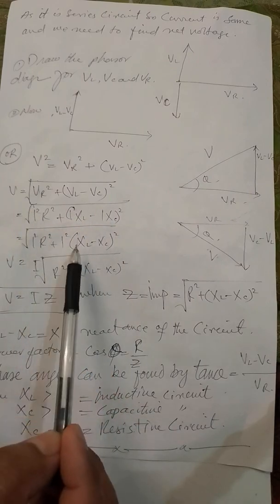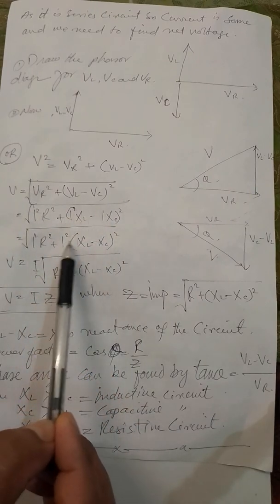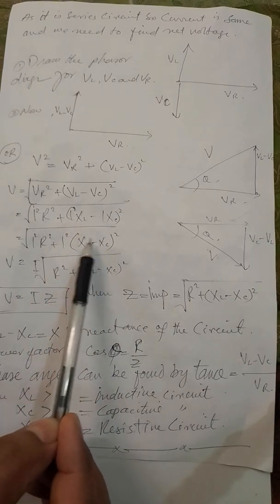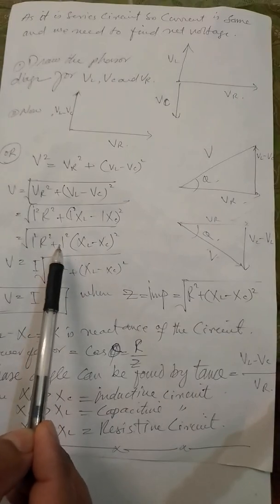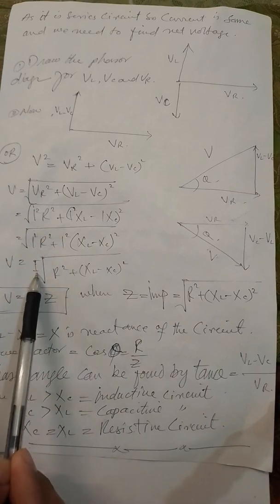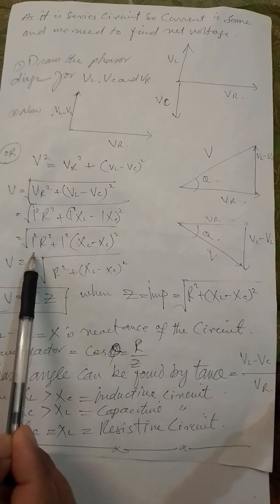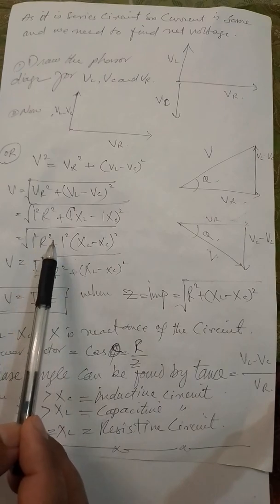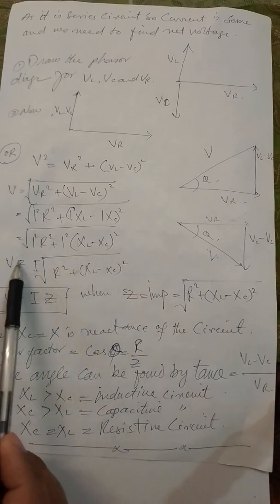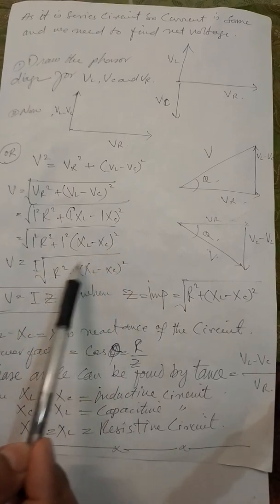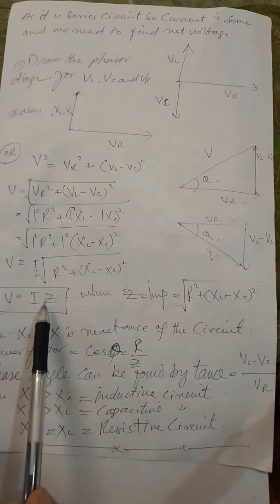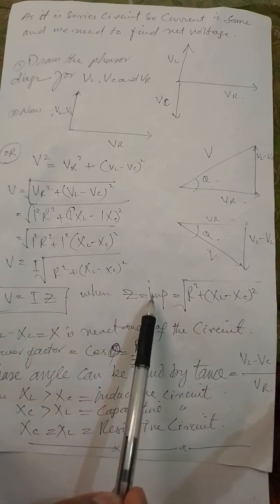Putting these values here, we can take I as common outside of the bracket, having the square outside. Now, in the next step, we can take the current squared out of the square root, so the square and square root cancel each other, and finally we have the square root of R squared plus (XL minus XC) whole squared. V is equal to I into the net resistance of the circuit, or simply V is equal to I into Z, where Z is called the impedance of the circuit.